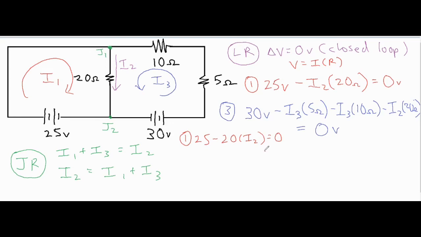Okay, and then I can subtract 25 from both sides. Divide both sides by 20, and then my negative signs are going to drop off. That means I2 equals 25 over 20, which comes out to 1.25 amps.